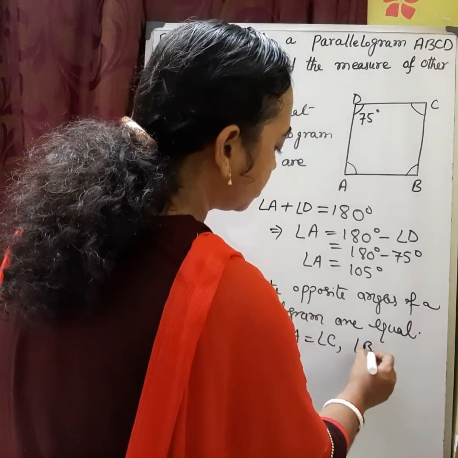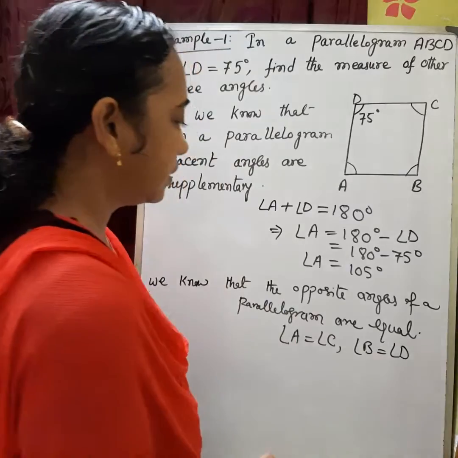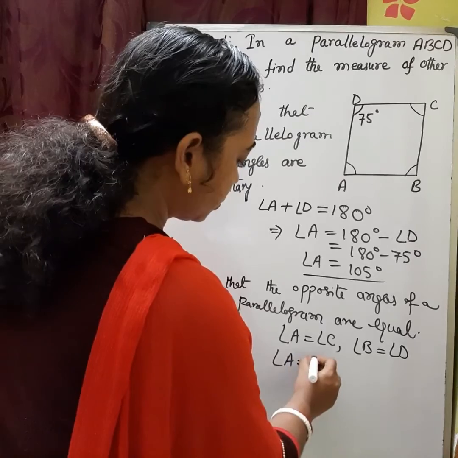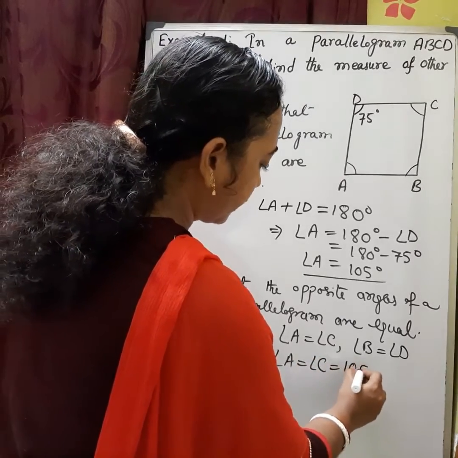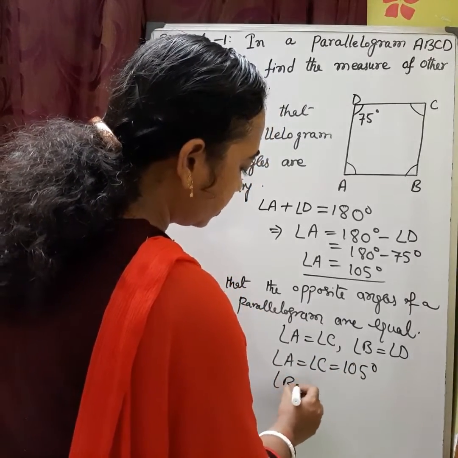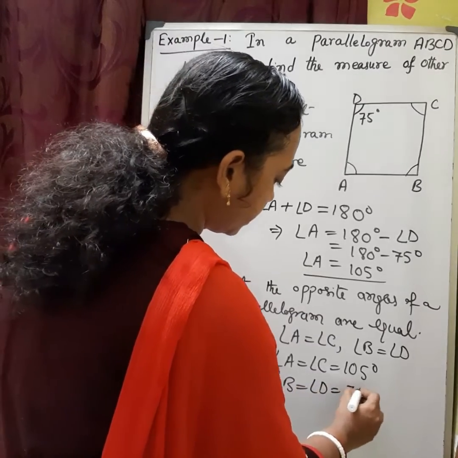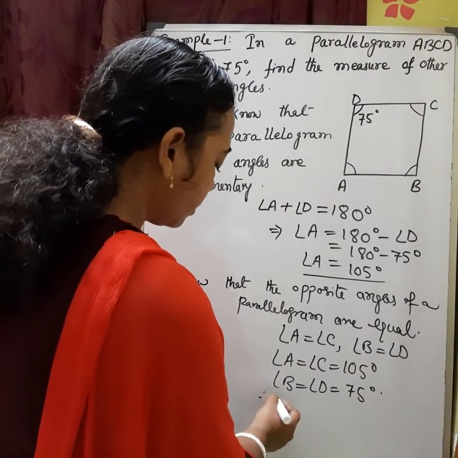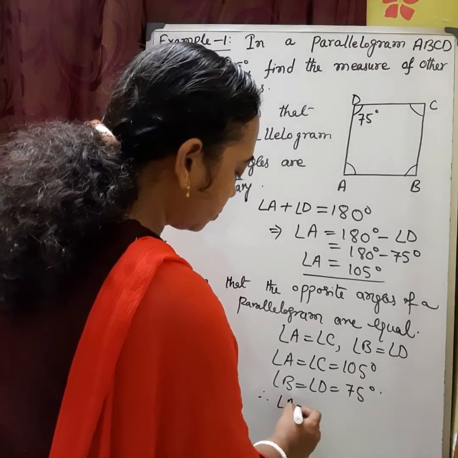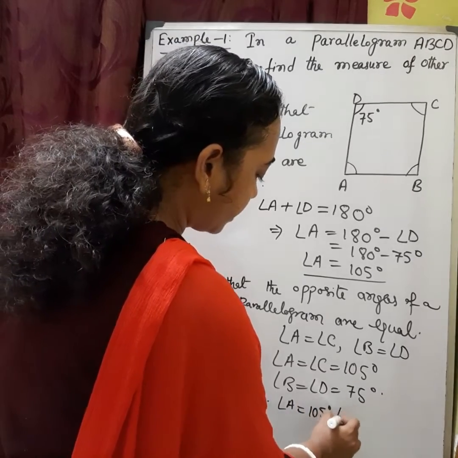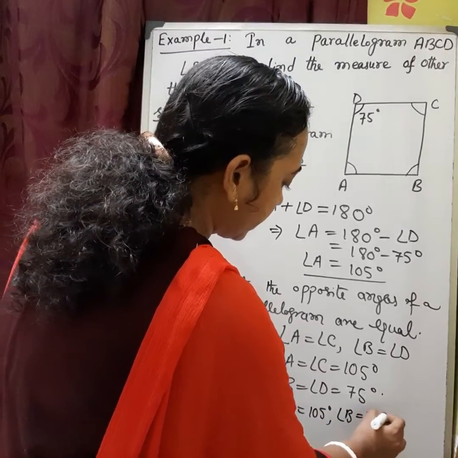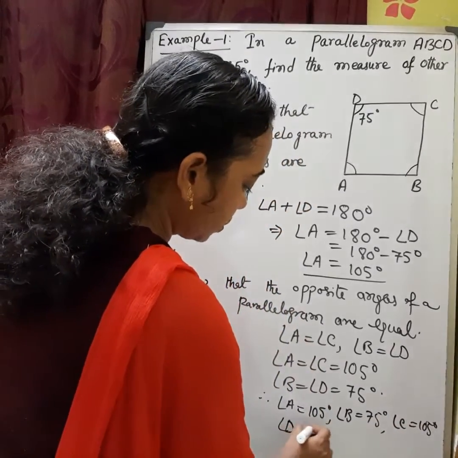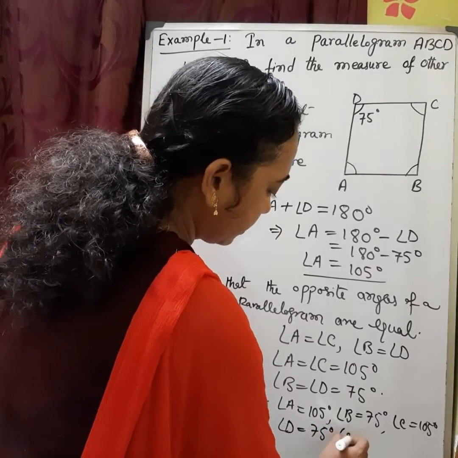Also angle B is equal to angle D. But here we already got the value of angle A. So angle A is equal to angle C is equal to 105 degrees. And angle B is equal to angle D, we know that is 75 degrees. So therefore we can separately write angle A is equal to 105 degrees, angle B is equal to 75 degrees, angle C is equal to 105 degrees and the measure of angle D is equal to 75 degrees, which is already given.